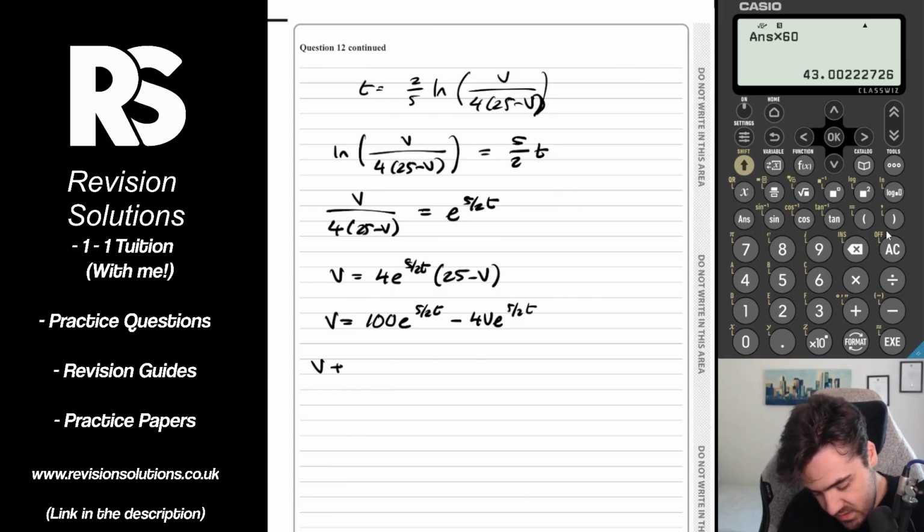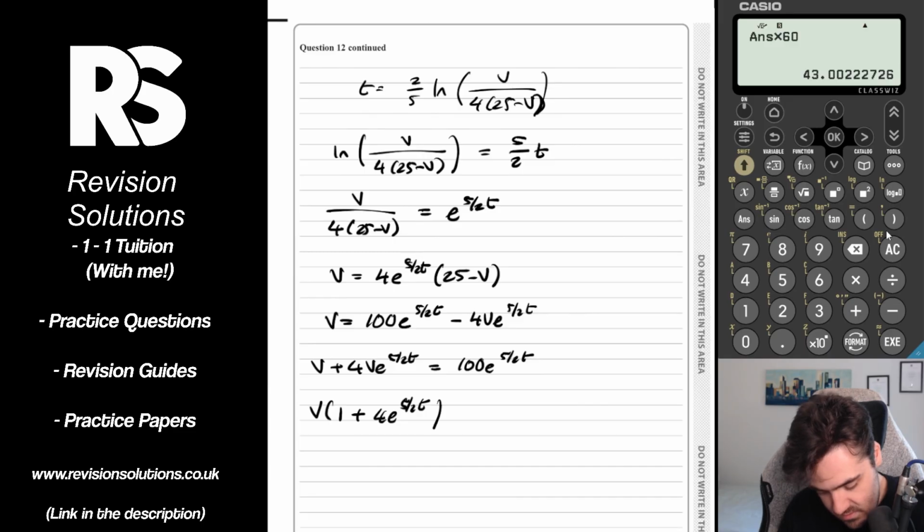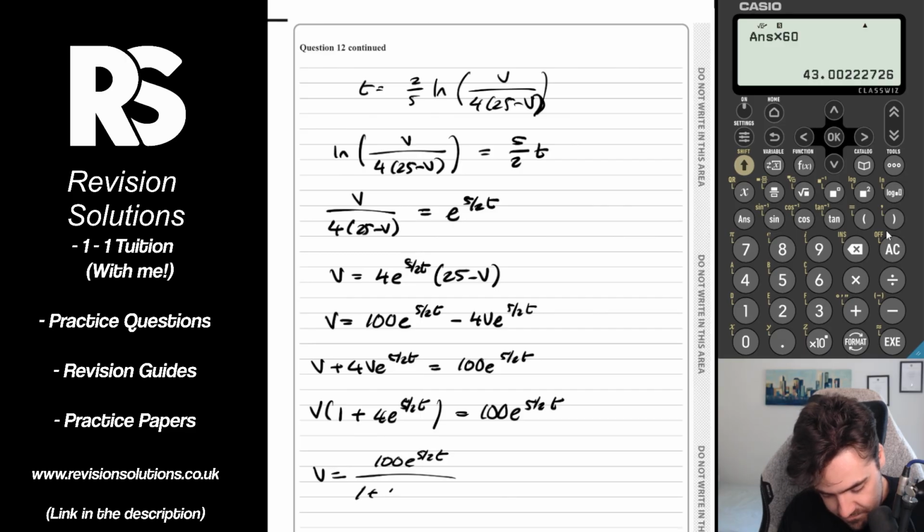So v plus 4v e to the 5 over 2t equals 100 e to the 5 over 2t. Then factorizing the left-hand side, pull the v out. We'd have v times 1 plus 4 e to the 5 over 2t is 100 e to the 5 over 2t. Then dividing over to get our v on its own, we would have 100 e to the 5 over 2t all over 1 plus 4 e to the 5 over 2t.